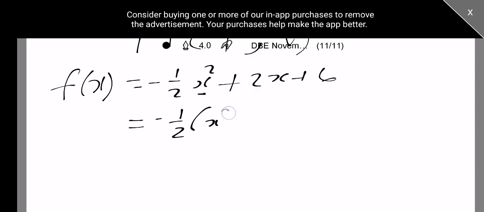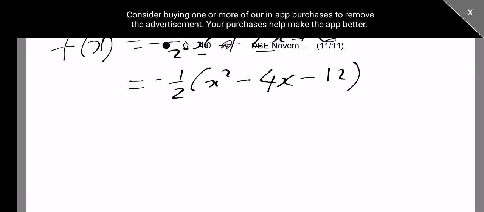Then x squared, we're going to remain with x squared, minus 4x, then minus 12.